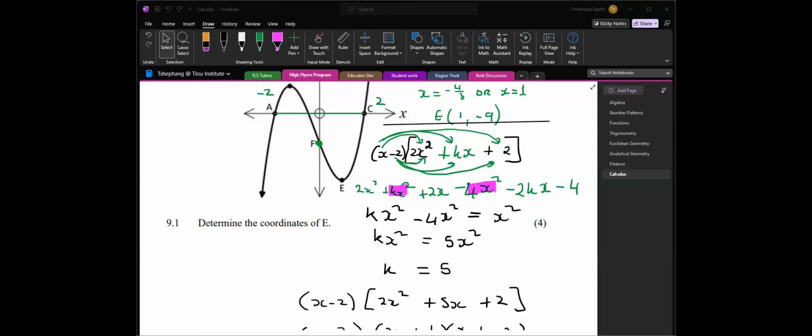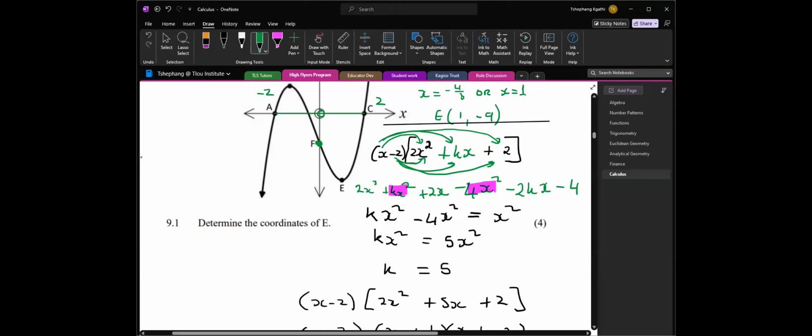Okay, before I do that, there's a question in the chat. Where did I get the 4 units? All right. Good question. So the 4 units is, remember, A is minus 2. It means that the distance from the origin to point A is 2 units. Then the distance from the origin to C is also 2 units. Now, what is the distance between A and C?